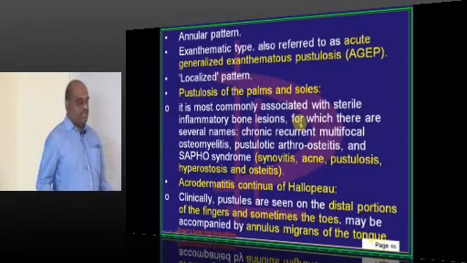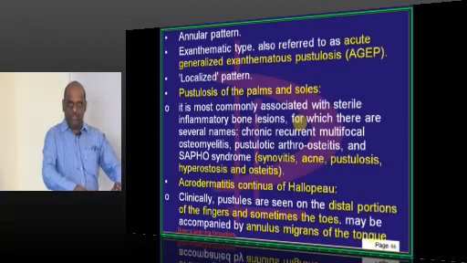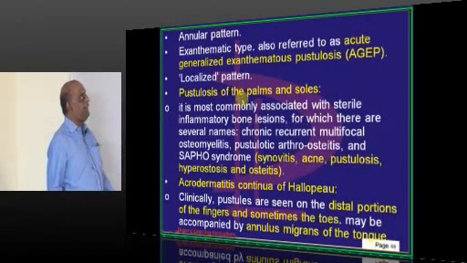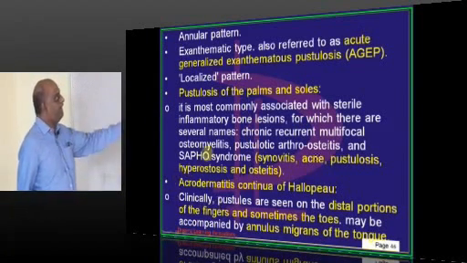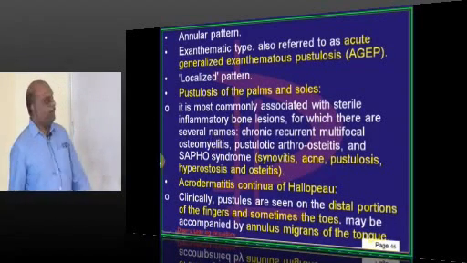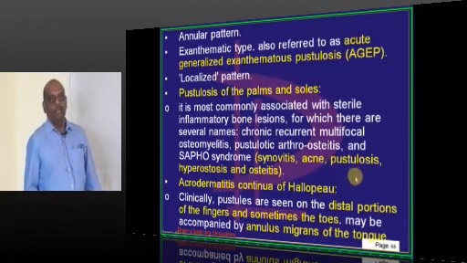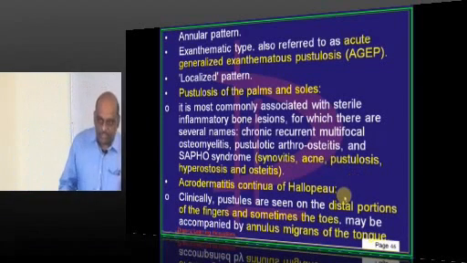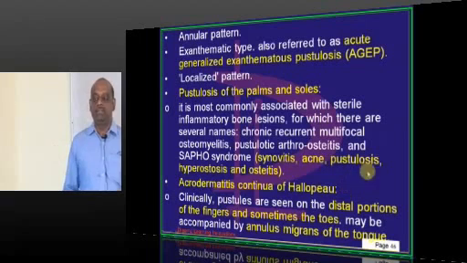So they can present with generalized exanthematous pustules, multiple pustules, that is called the exanthematic type. Then you have a variety called pustulosis of the palms and soles, can be one presenting feature. Only palms and soles will show the pustules.